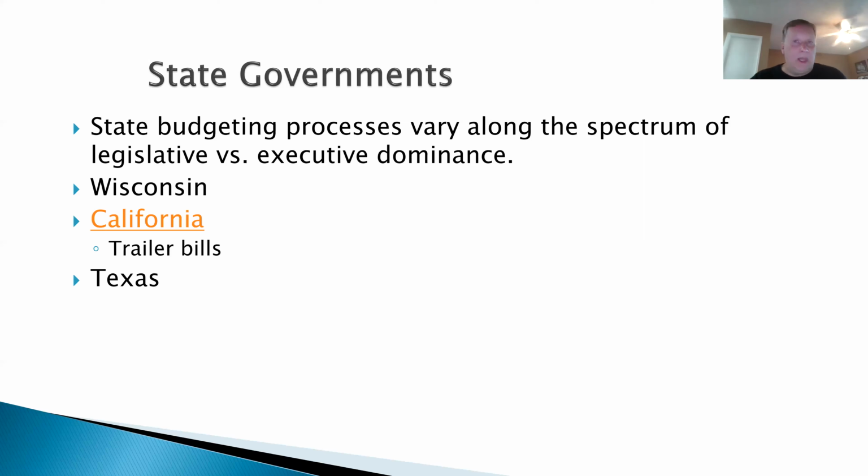If you want an example of a legislatively dominated budget process, look at the state of Texas. The state of Texas, their process is very much dominated by the state legislature. There's what's called a legislative budget board made up of leaders of the state legislature. The governor does not have independent authority to put the state budget together to transmit to the legislature.